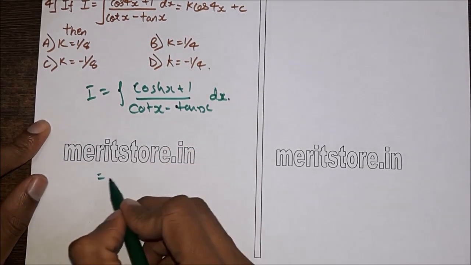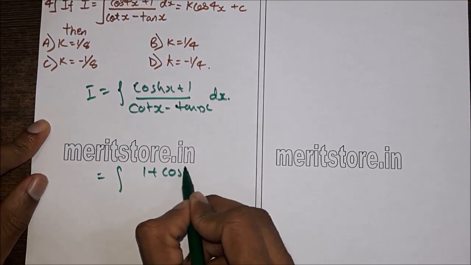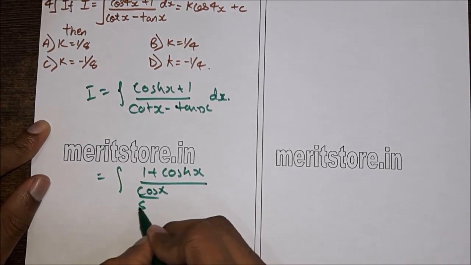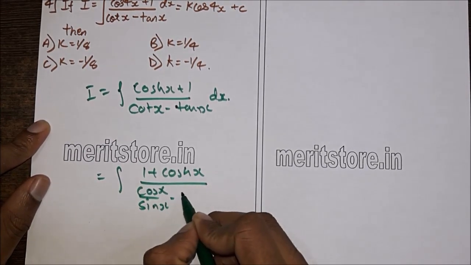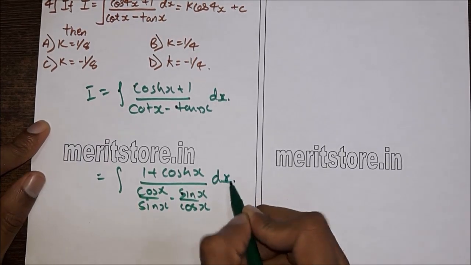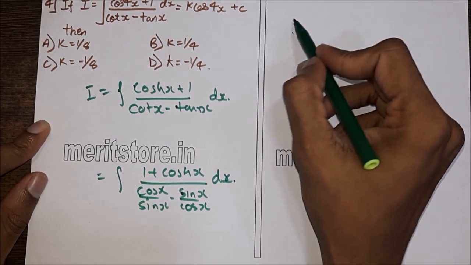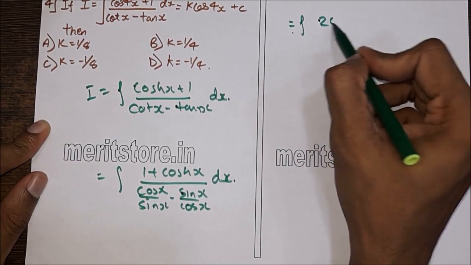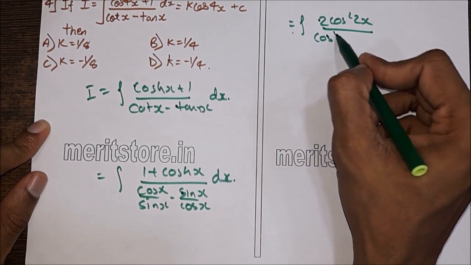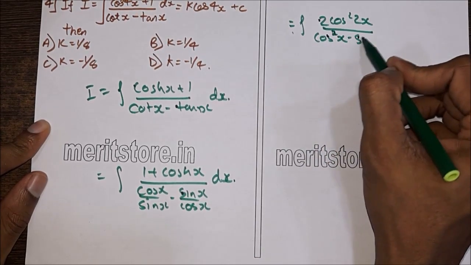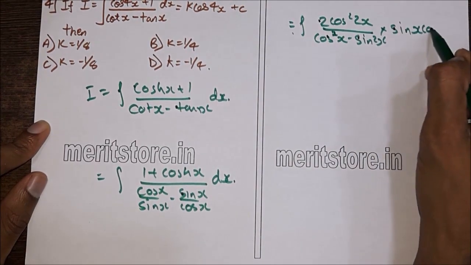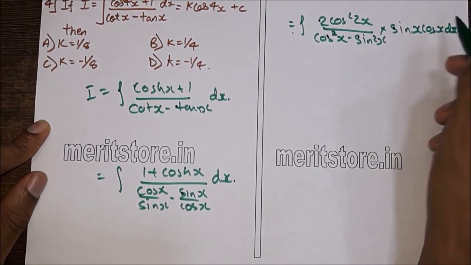We write this as integral of (1 plus cos 4x) upon (cos x upon sin x minus sin x upon cos x) dx. Further, we can write this as integral of 2 cos square 2x upon (cos square x minus sin square x) into sin x cos x dx.